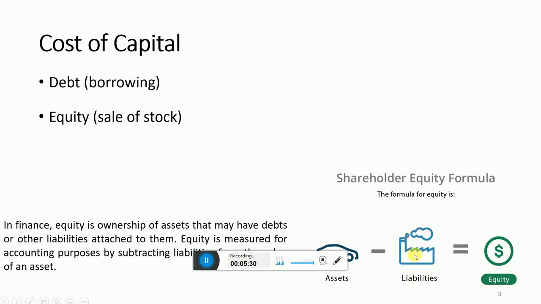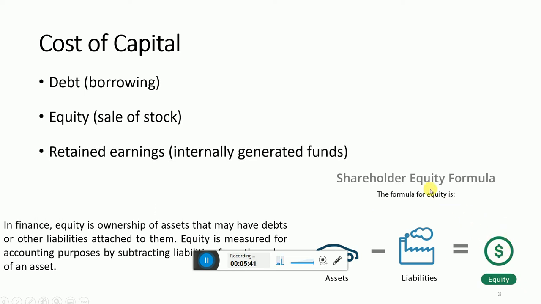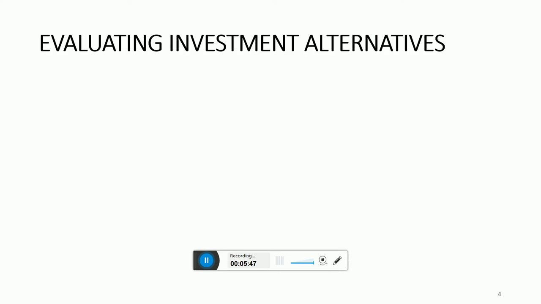If we subtract the worth of the liabilities from the assets, we get the equity. Similarly, the third part is retained earnings, or we can say internally generated funds.